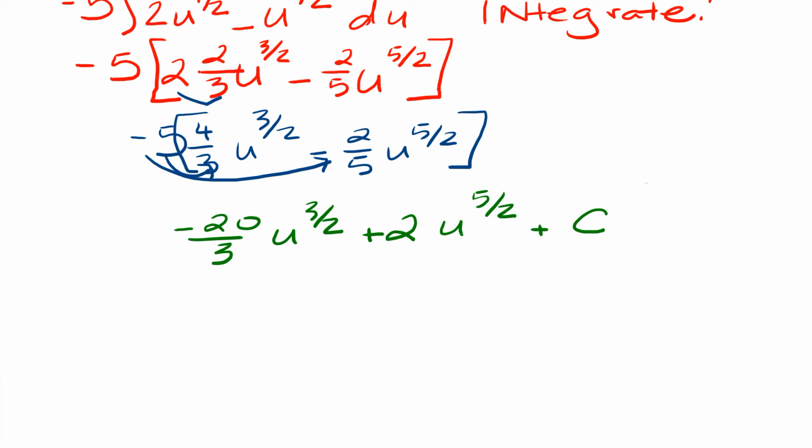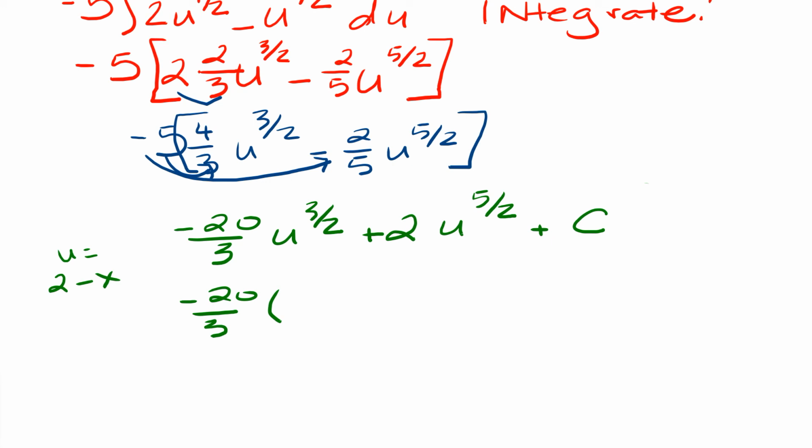Remember that u, right here and here, was equal to 2 minus x. So we're going to go ahead and put 2 minus x back in for u. So I'll just write it over here: u was equal to 2 minus x from the very beginning. So we have to go ahead and put that back in. 20 over 3 times u minus, whoops, not u. I just said we wanted to get rid of u.